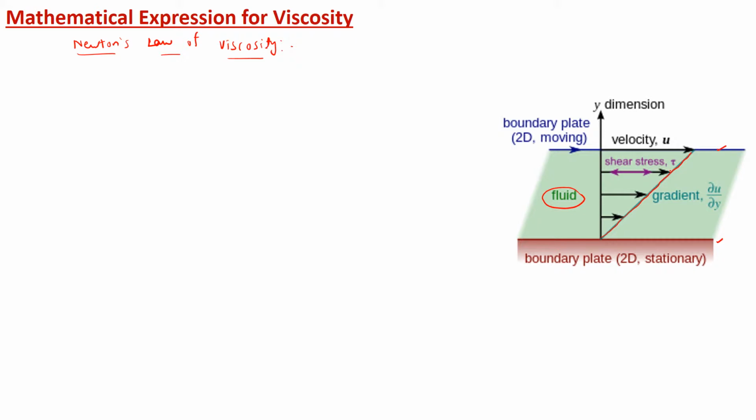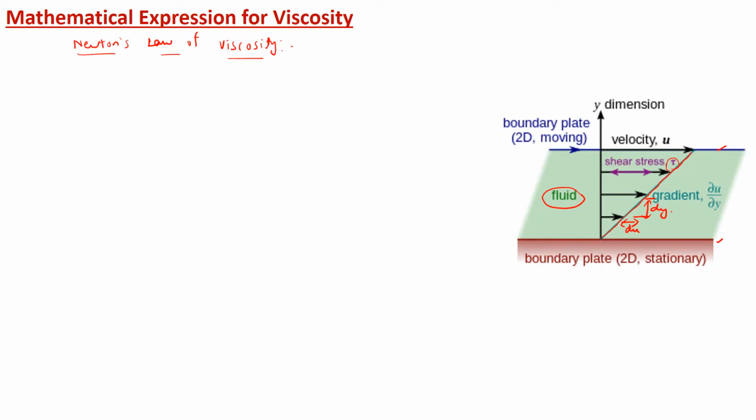Let the shear stress between two adjacent layers of fluid be tau, and for the velocity gradient, suppose this length is dy and the change in velocity is du between these two layers, and the upper layer can flow faster than the lower layer.